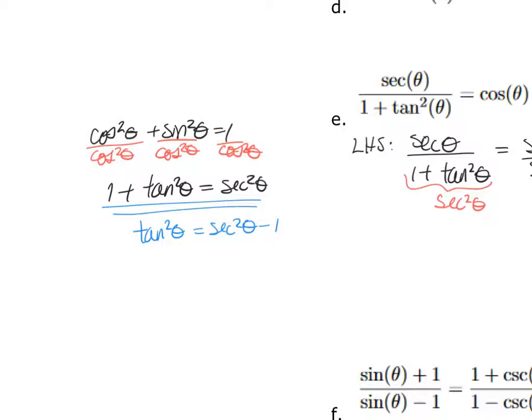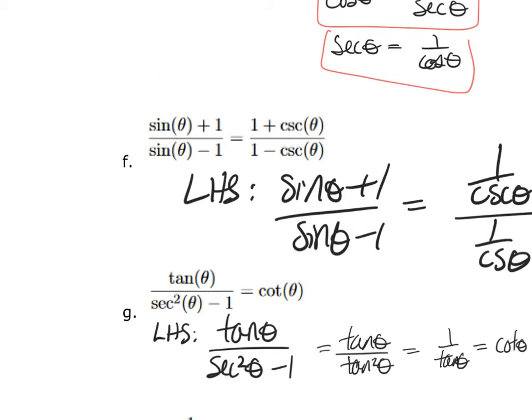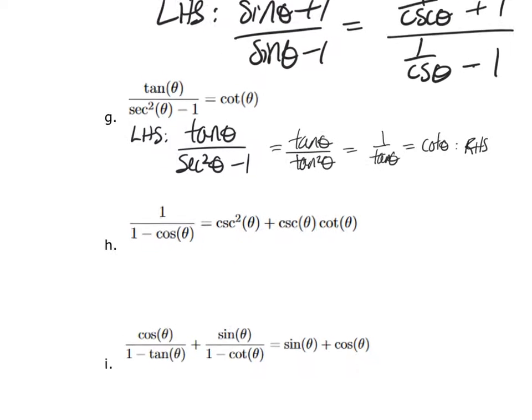So if I take this particular one right here and solve for tangent squared, I get that pattern that I want, which is secant squared theta minus 1. So all I've done is I've taken this thing I've boxed in green and solved for tangent squared theta. And that's how I was able to do that replacement there.